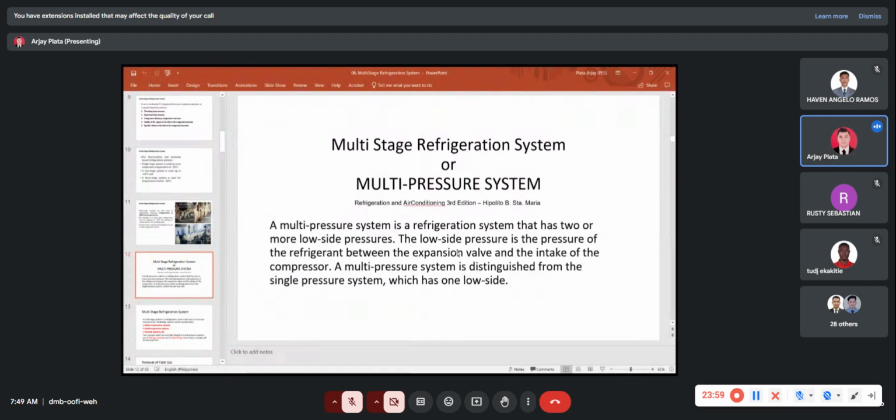Yan. So yung multi-pressure system, meron ba tayong diagram dito?